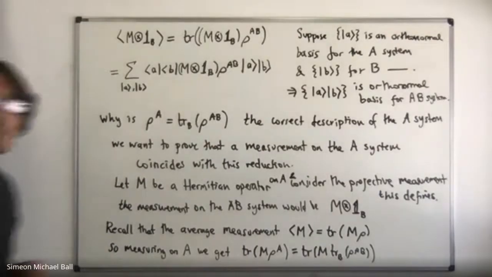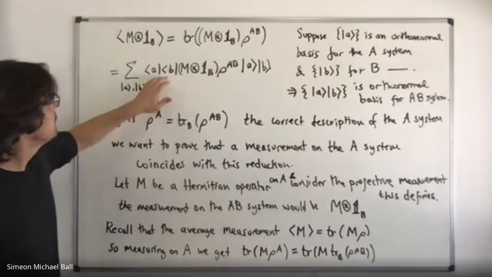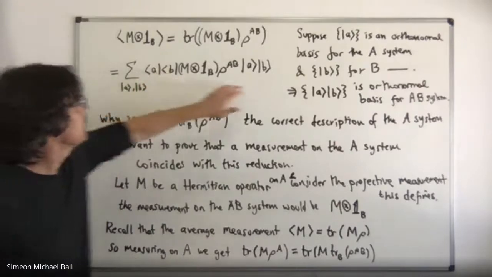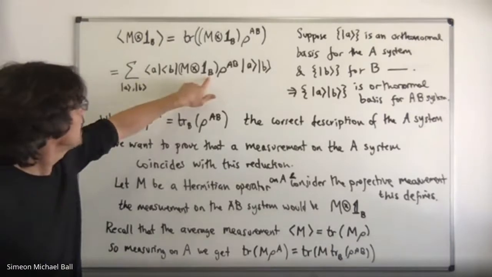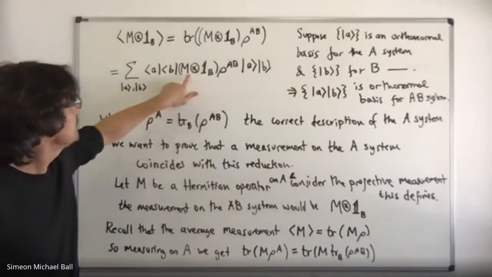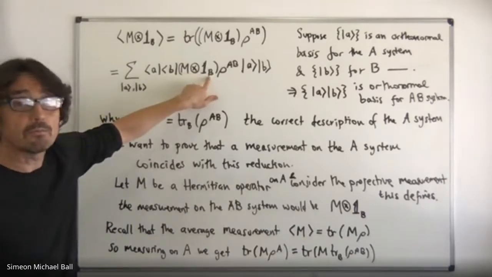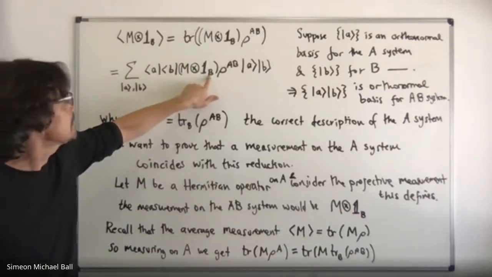Now you've got to read this in the right way. This is tensored together here, and tensored together there. This M is acting on the A system and this identity on the B system. So this is an identity.